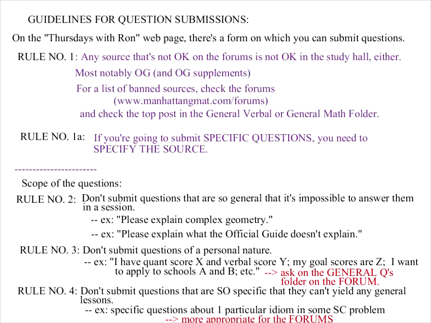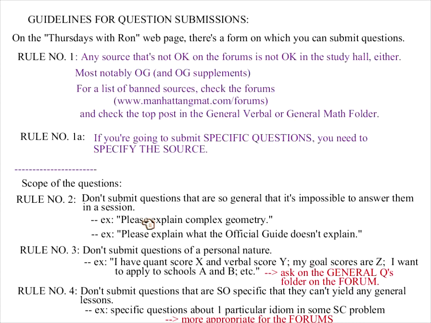So the golden mean here, now that we have all the don'ts, what we're going to get to in a second is the do's. But is everybody okay, smiling face if you understand what we're talking about here?